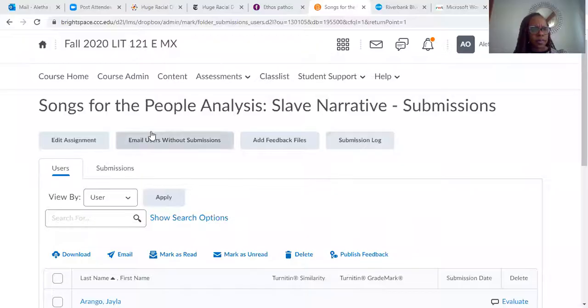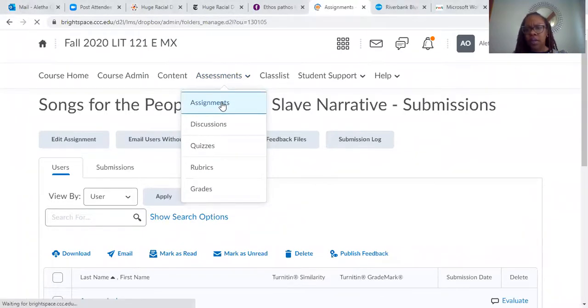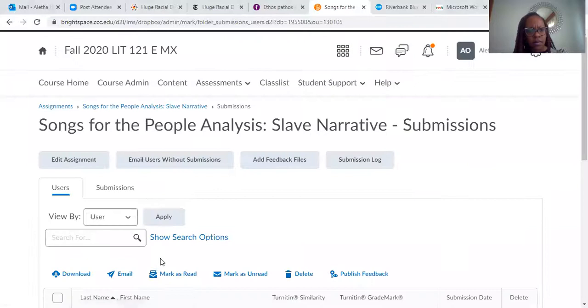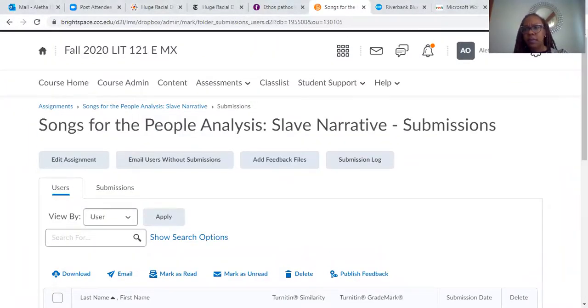So let me pull that up. I just want to go right back to those assignment guidelines. It's not letting me view it.